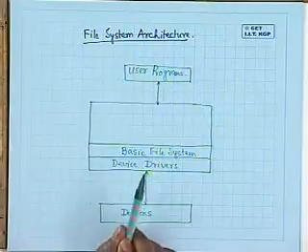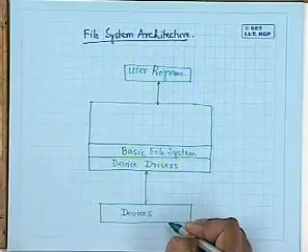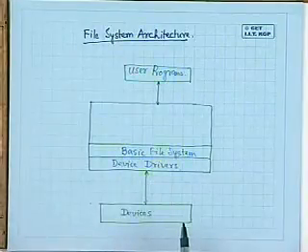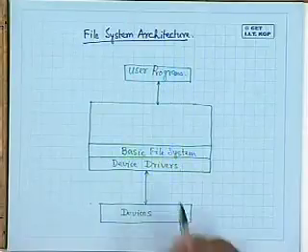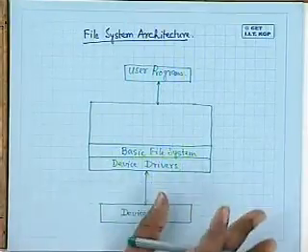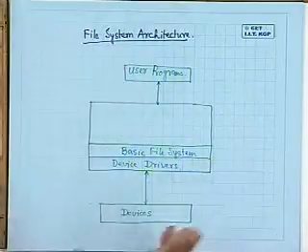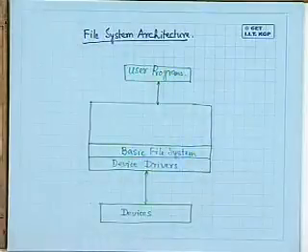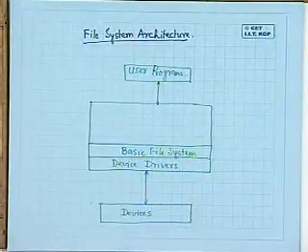Similarly, whenever we want to write data on a block on the device, that will also be a responsibility of the basic file system. Okay. However, the basic file system does not understand what the content of that file is. It simply takes a block, puts it into the buffer, simply takes a block from the buffer, puts it on the disk block. That's all. Okay.